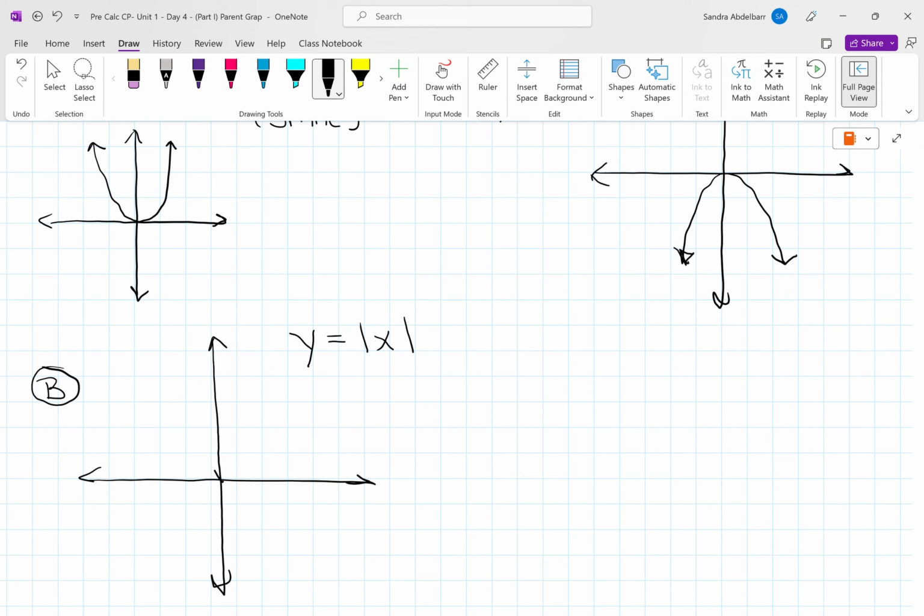Now, when we have an absolute value and the degree of the variable inside is 1, what do I mean when I say the degree of the variable inside? Anybody know? It's not like to the second power. Good. It means its exponent, the highest exponent on a variable, is 1.